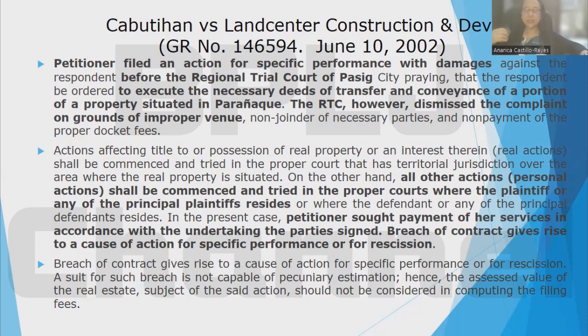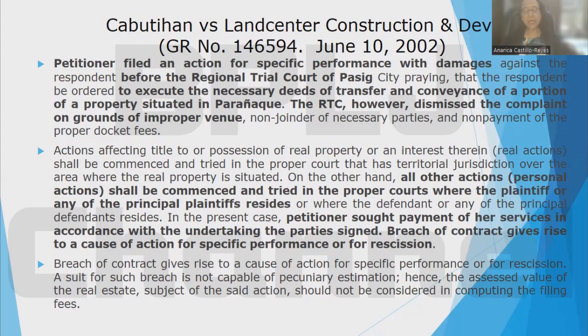In this case, the principal relief sought is the execution of deeds and transfer and conveyance of a portion of real property situated in Parañaque. Okay, so the RTC of Pasig dismissed the complaint on the ground of improper venue.